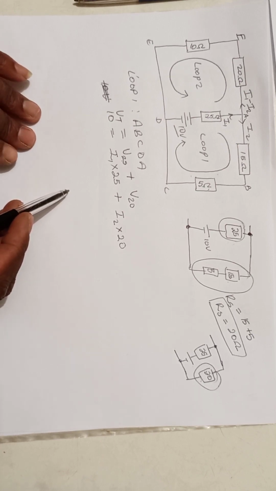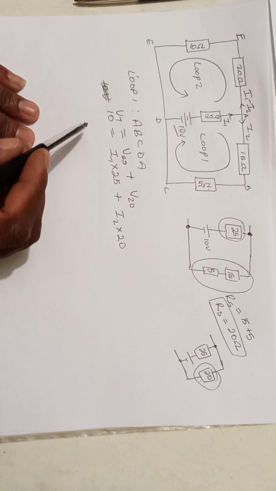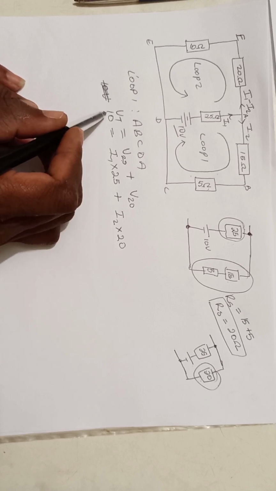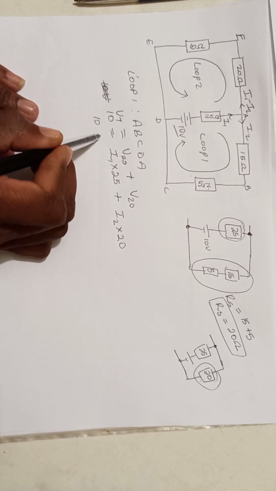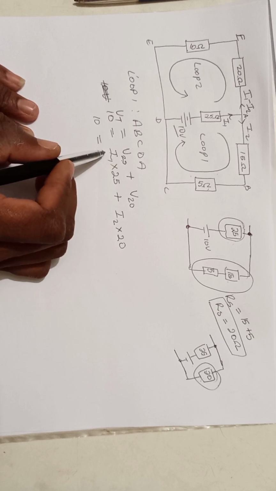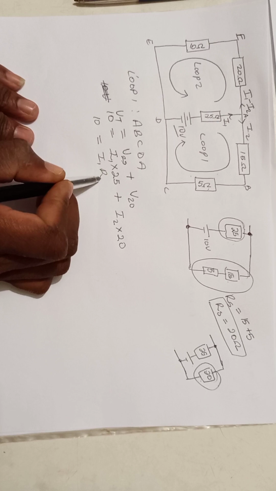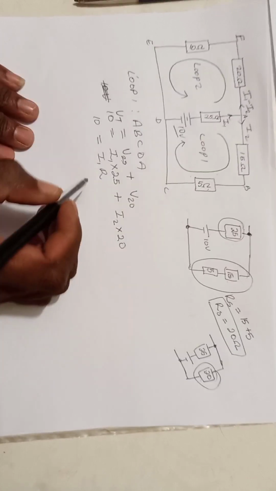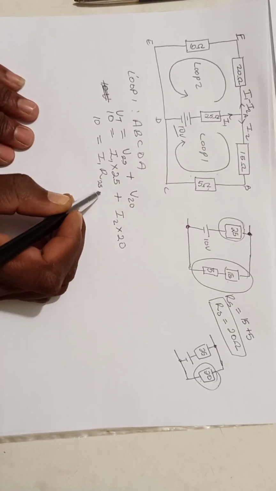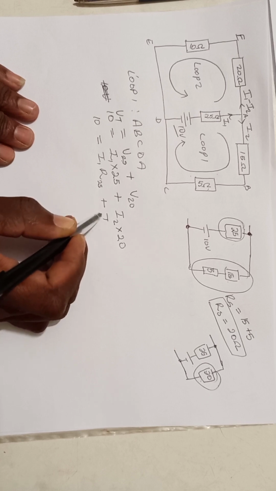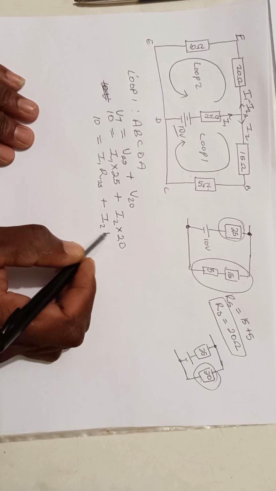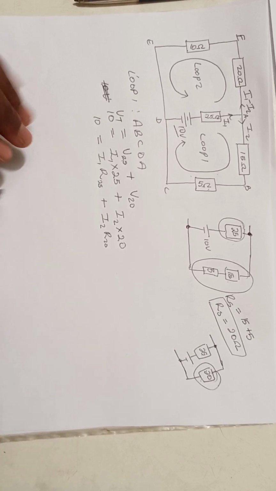If you want to, before this step, you may say 10 is equal to I1 times R25 plus I2 times R20.